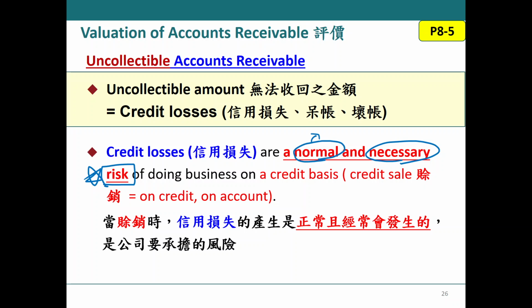So that's why in accounting we have to consider it, because it's normal, okay? And why is it necessary? Necessary risk means the company has to take the risk. So normal means it happened, it's quite common, it happened often.